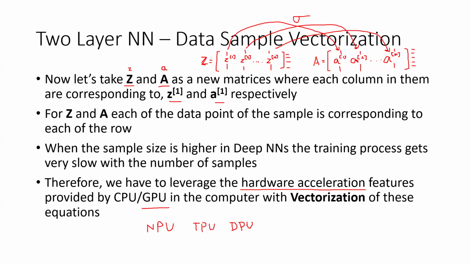If you are doing something serious, you would need the support of GPUs, NPUs, TPUs, DPUs, or any other specialized hardware for processing these vector, or in general tensor, calculations in your computer, right? This is something you have to know when you are training, or running and making predictions using neural networks on a computer.